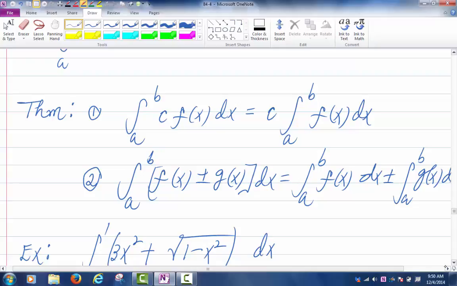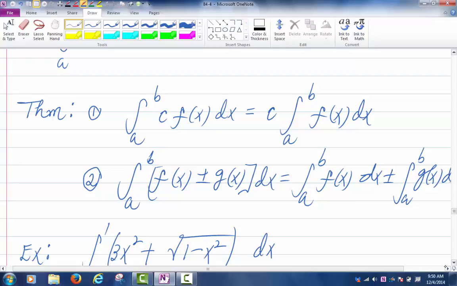So the integral from A to B of c times f of x is the same as c multiplied by the integral of f of x. Basically, number one allows you to take out the constant factor outside the integral sign.